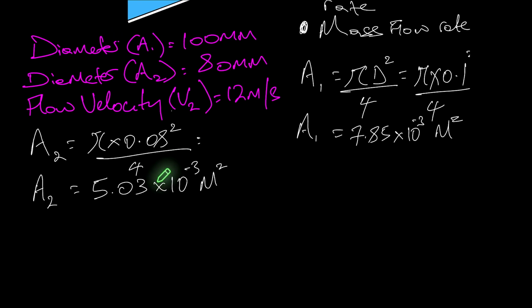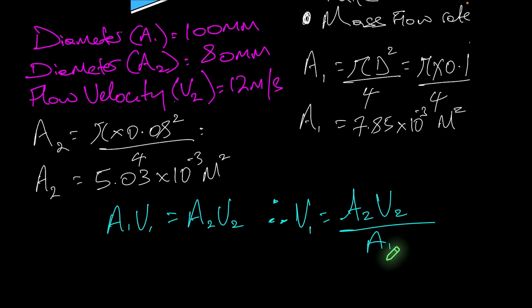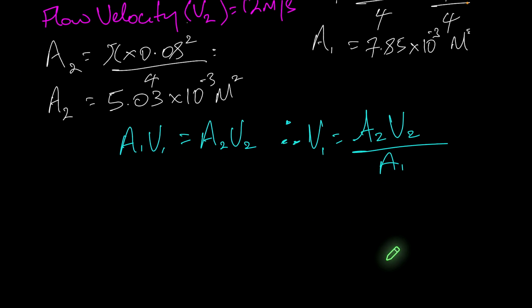So now to evaluate what our initial velocity is, we use this formula. A1 times V1 should be equal to A2 times V2. And if we were to just rearrange this, then V1 should be equal to A2 times V2, all divided by A1. And we have all of those values, so let's plug them in and find what our V1 is.